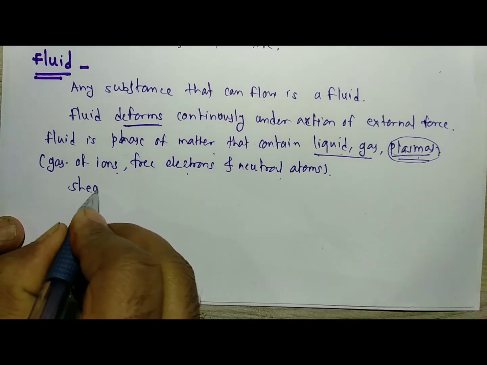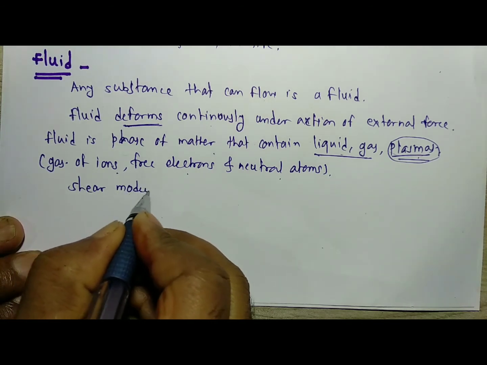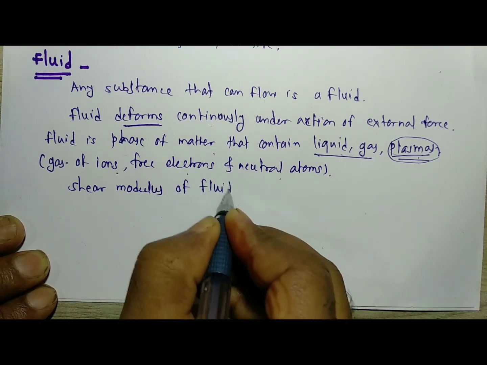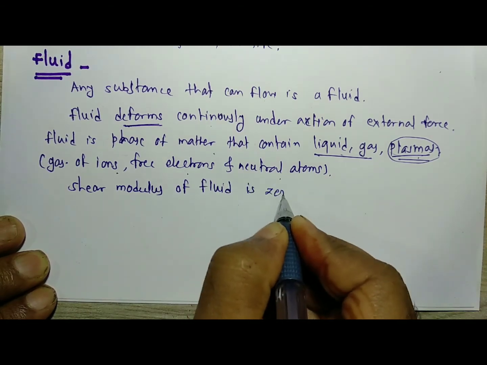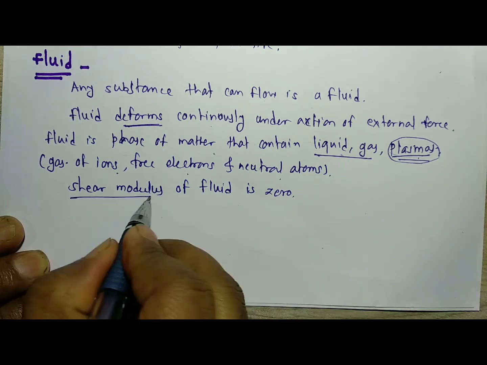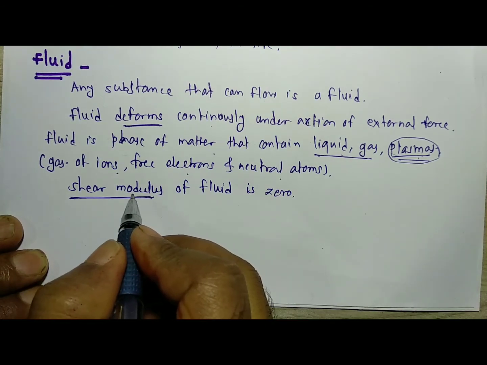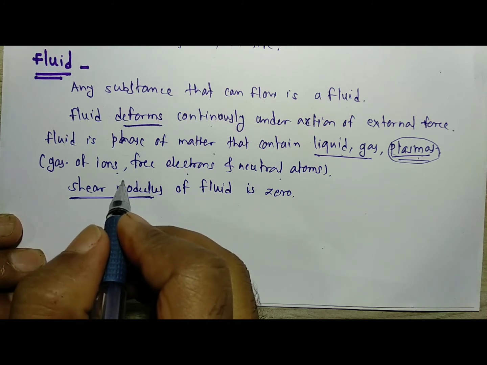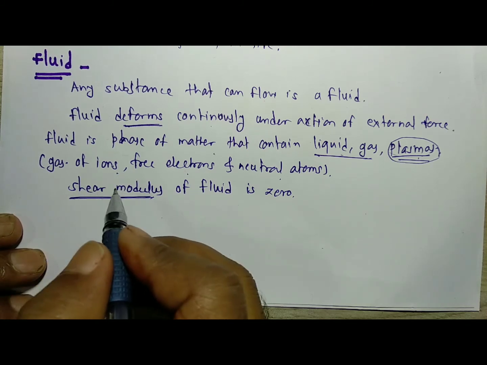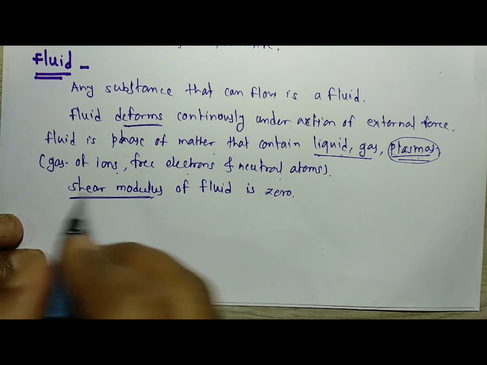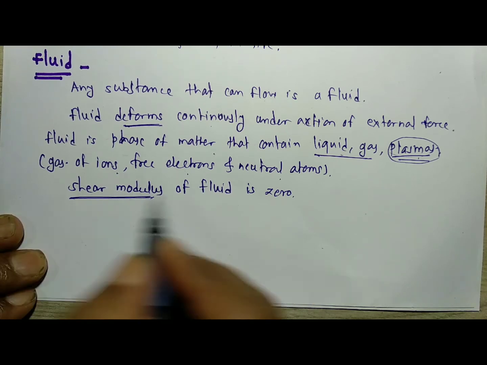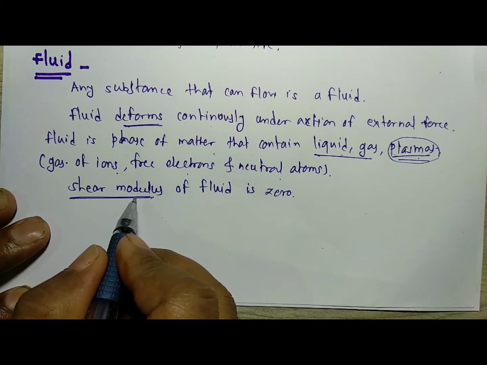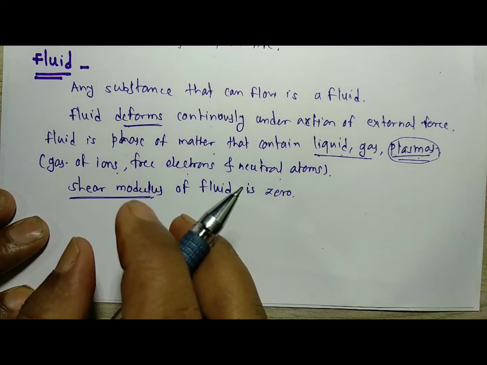The shear modulus of a fluid is 0. First of all, what is the meaning of shear modulus? Shear modulus is the resistance of a body or substance, an internal force that can resist deformation.